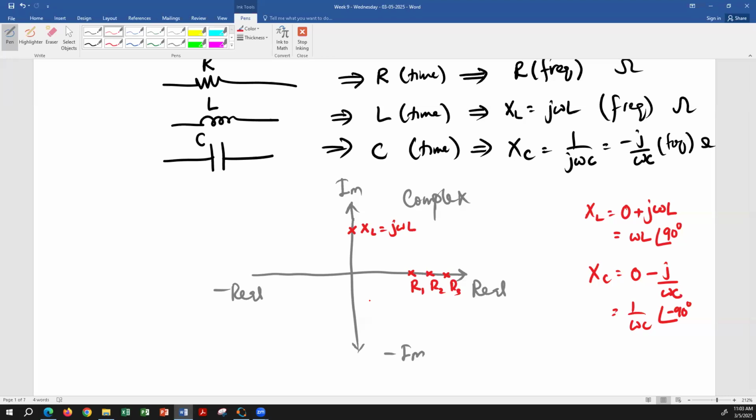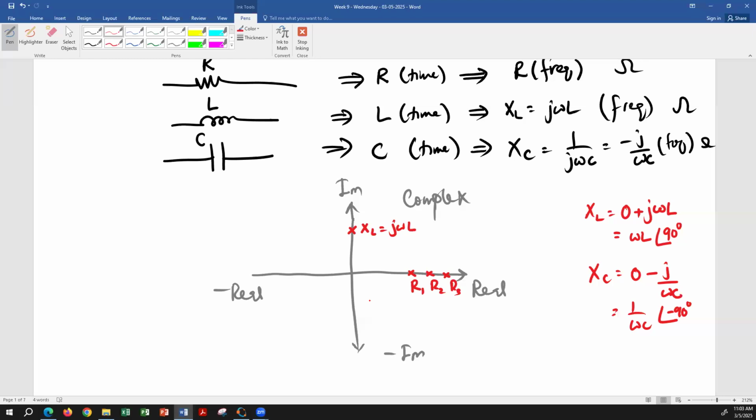But if you have to display your final result, either in the phasor domain or in the time domain, it must be in magnitude and phase. Remember that, magnitude and the phase. And if you have to do the time domain, then of course it's going to be magnitude times cosine of omega t plus the phase. So again, that's where you need to understand how to convert rectangular coordinates into polar form, and polar coordinates into rectangular, when the number is present in any of these quadrants.